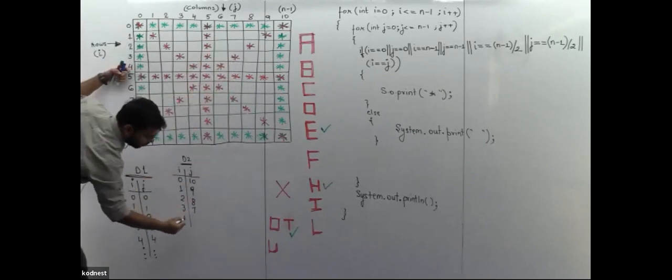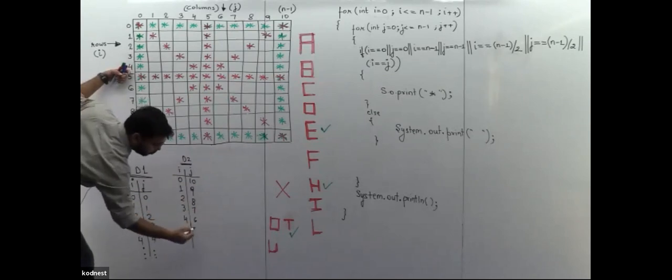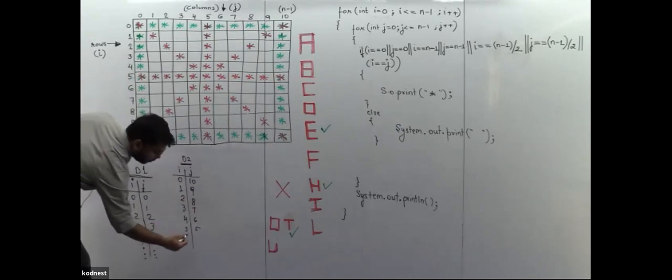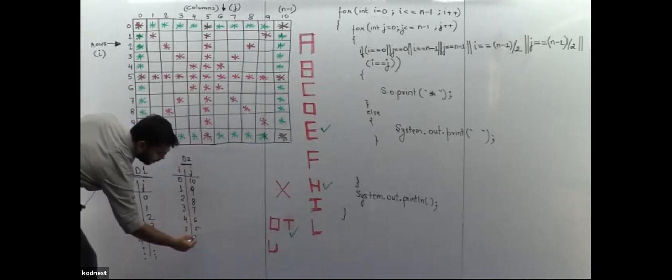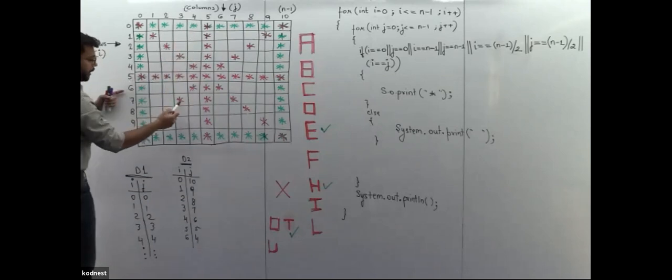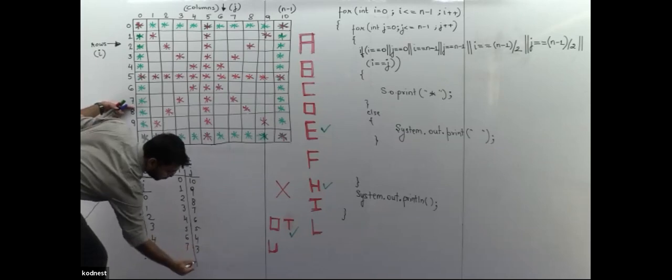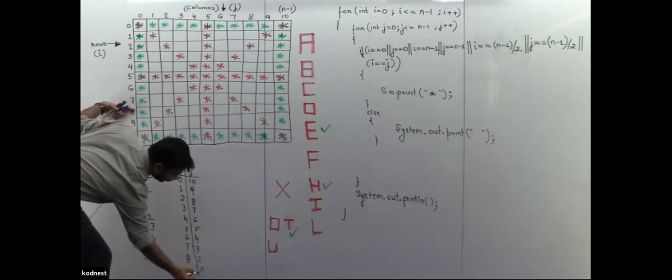Next will be 4th row, 6th column. Next will be 5th row, 5th column. Next will be 6th row, 4th column. Correct. Next will be 7th row, 3rd column. 8th row, 2nd column. 1st row, 0th column.